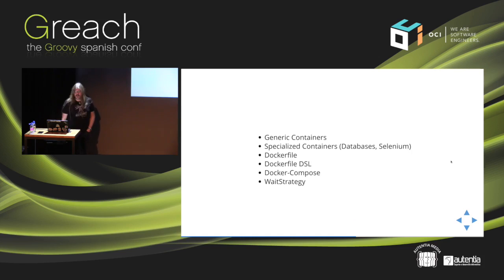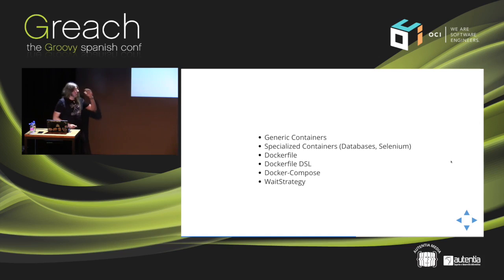That's the general feature set. So it supports generic containers, any container you want. It provides some specialized containers. We'll see them in the demo. It has support for Dockerfiles, so it could build your test containers on the fly in your test based on a Dockerfile. And it even has a Dockerfile DSL to define the Dockerfile inside your test code.